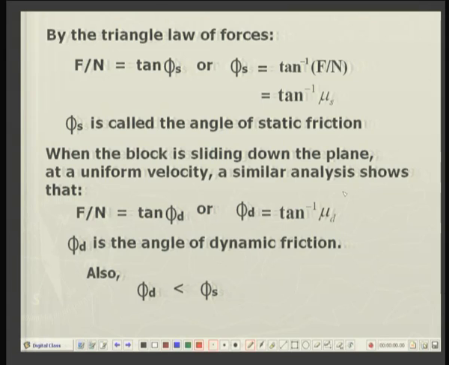So, phi s, which is called the angle of static friction, is nothing but tan inverse of the coefficient of static friction.